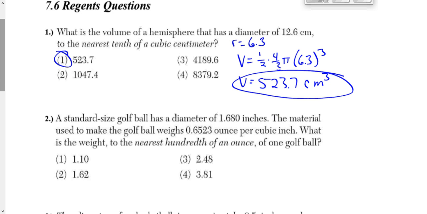And I got 523.7. I put 1 divided by 2 in parentheses times 4 divided by 3 with actual division. Okay? Get that to work out? All right. Let's move on to the next one.